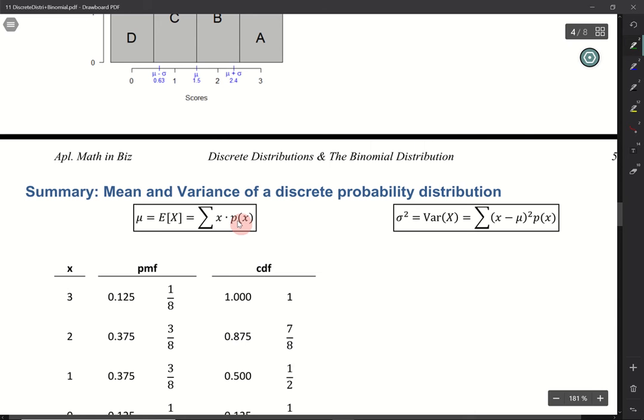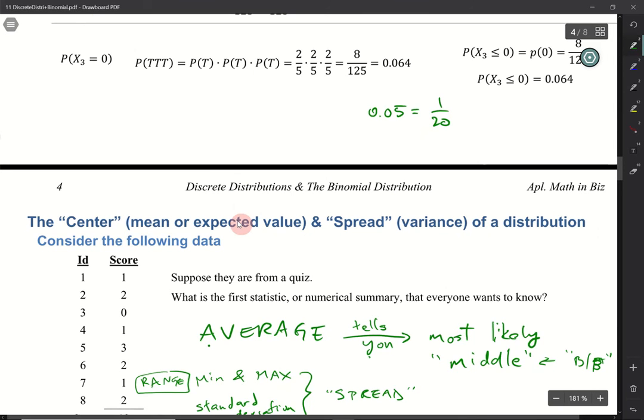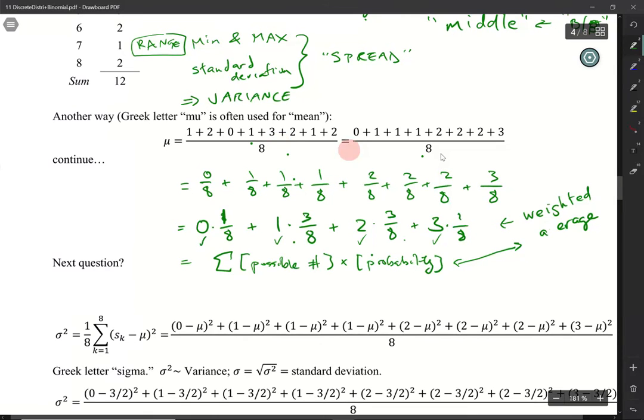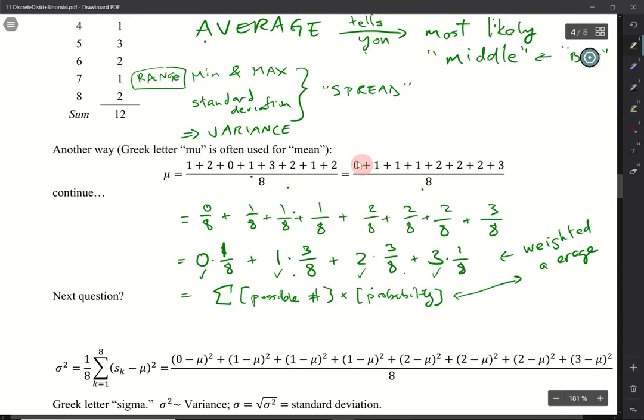So the point of this little exercise is to convince you that even though it looks different, like we take the possible value, say 0, and multiply by its probability, by how often it happened in the data, this one times its probability in the data, it actually is the same as the average.